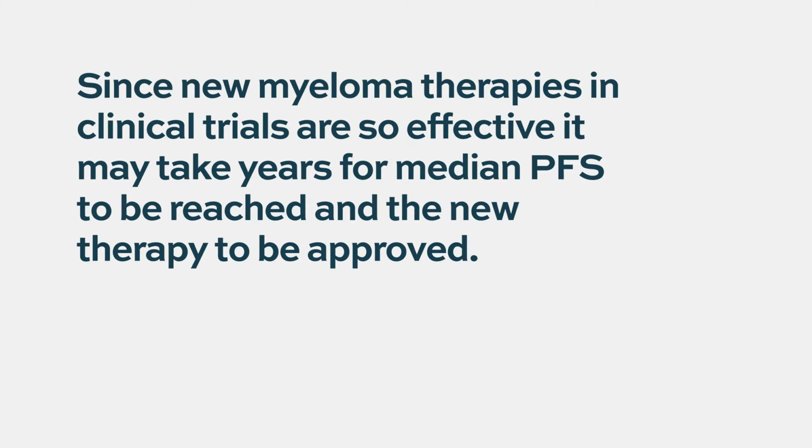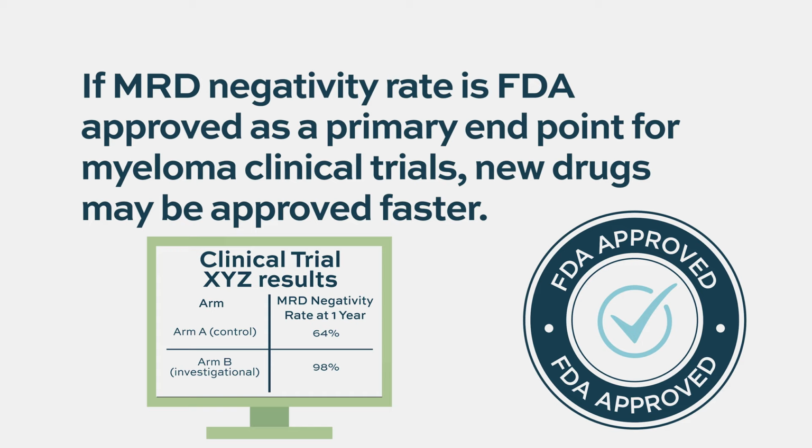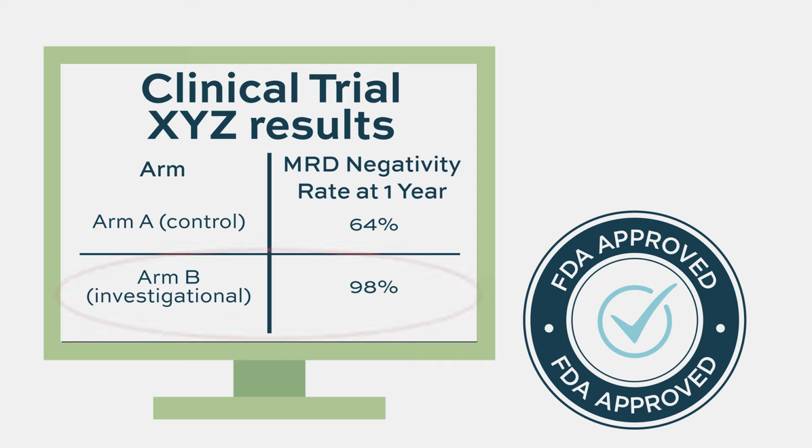And instead of waiting for 6 years or 7 years to have the progression-free data available and mature for the FDA to review, let's say you look after 1 year, and if you pick up MRD information after 1 year and there is a higher MRD negativity rate in the new drug, the FDA in this scenario could give approval many years earlier.